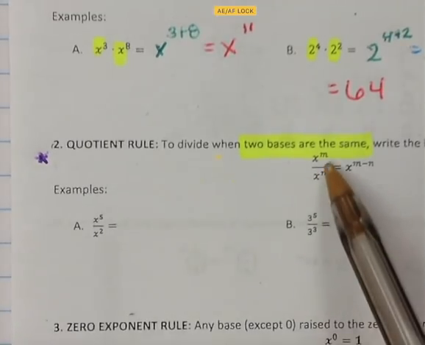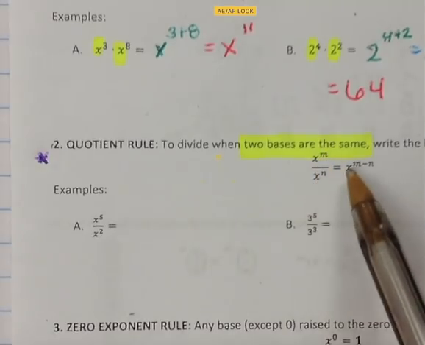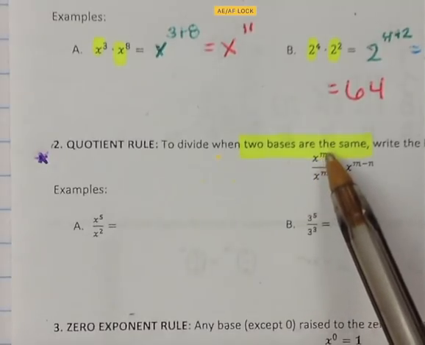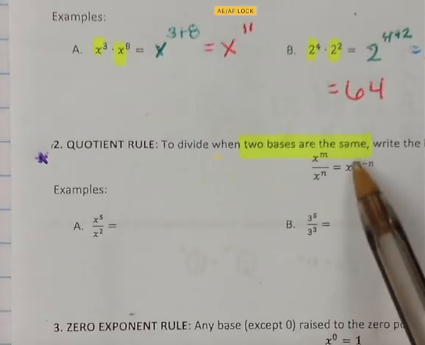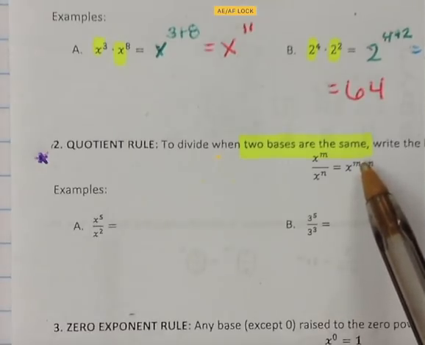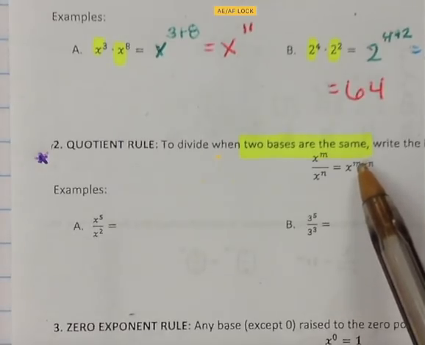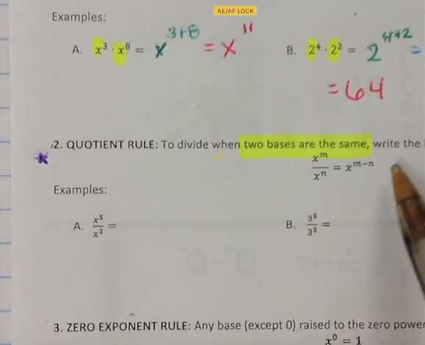So on the example here, we have x over x, so we can keep our base, m over n, and we would subtract our two exponents. But the problem is if we subtract 5 minus 8, that would give us a negative value, and we haven't gotten to negative exponents yet.